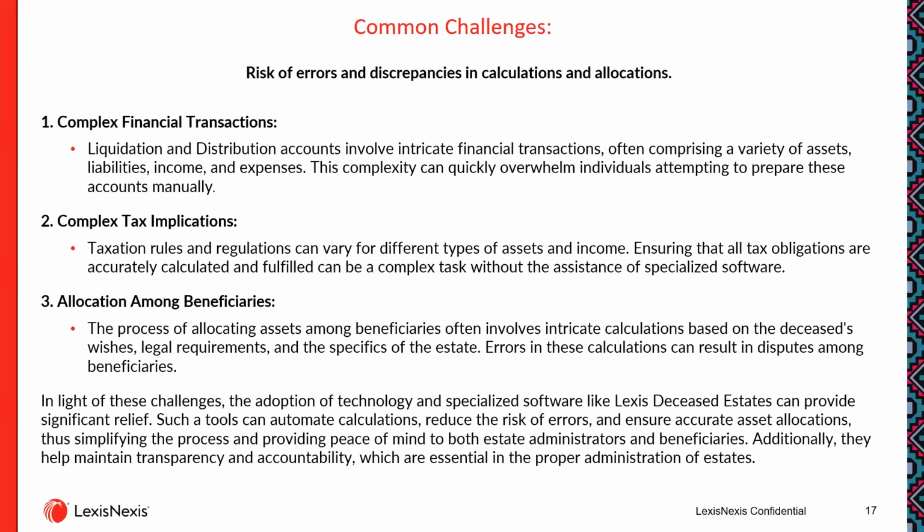So as we saw on our first slide, the main purpose of our liquidation and distribution account is to ensure that our allocation amongst the beneficiaries is fair and accurate. So if we do our calculations manually, it does sometimes happen that we don't allocate our assets or our income or our cash assets to our beneficiaries the way it was intended to be allocated.